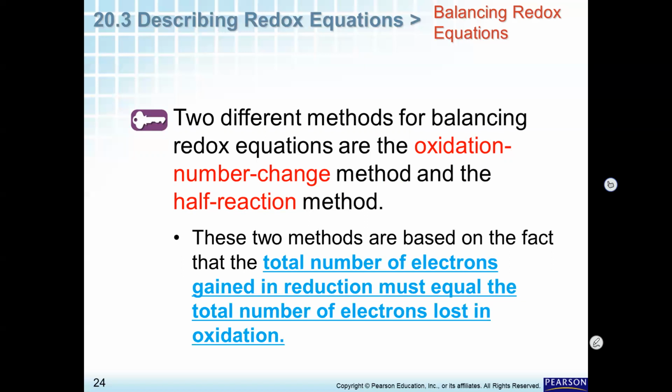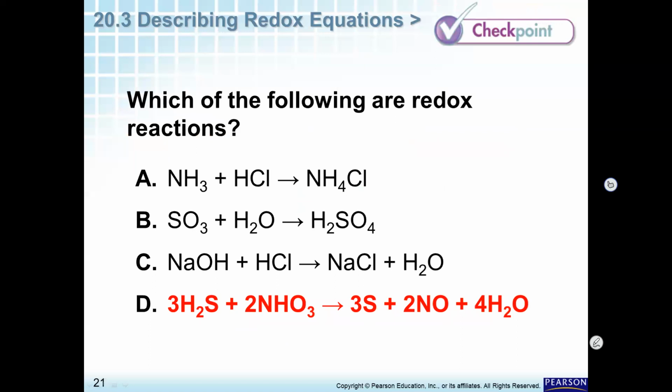الحين أنا بدي أرجعك على السؤال اللي احنا سويناه بالذات بي. أولا هذا بالانس ولا مش بالانس؟ مش بالانس. ليش مش؟ It is balanced.